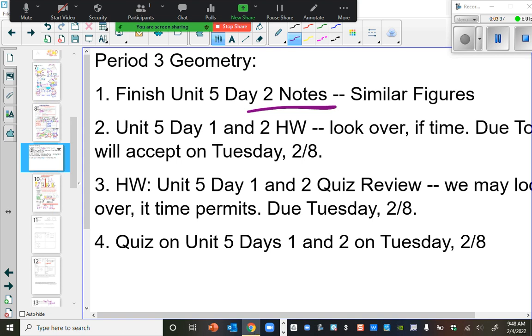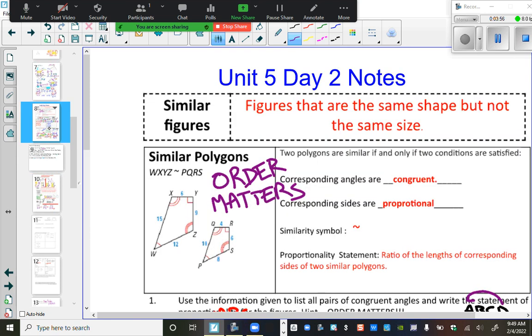Okay, we're going to begin at this time. So the first page we already did. First page, rewind a little bit. Talk about similar figures, the order matters.